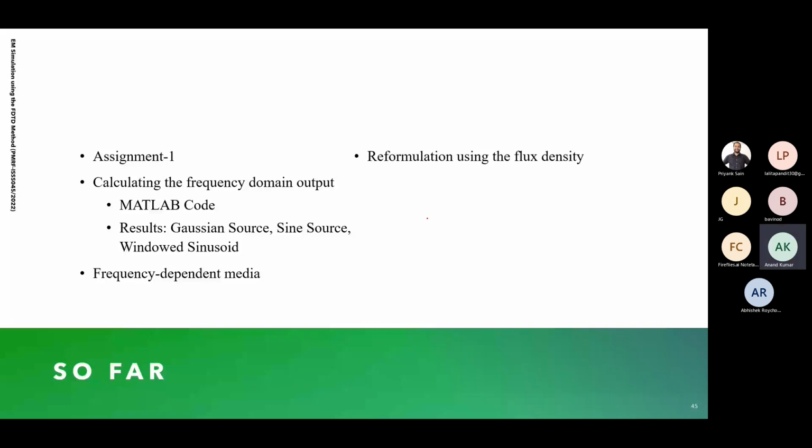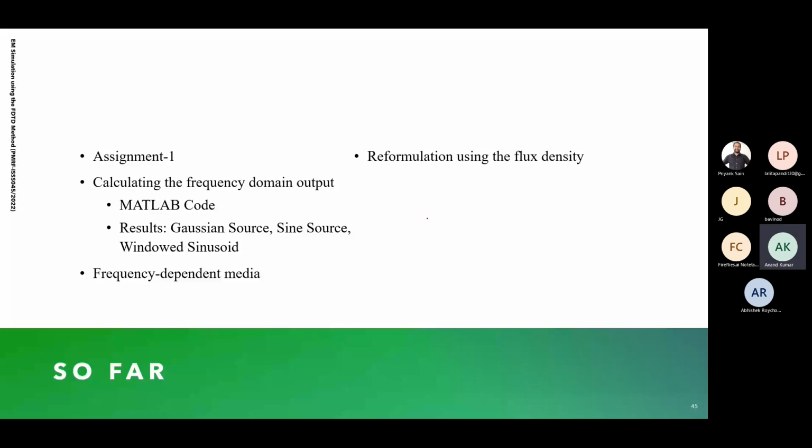Once we had formulated the update equations using the flux density, we just modified the permittivity expression to simulate a media whose permittivity and conductivity were a function of frequency. So that's all we covered today.